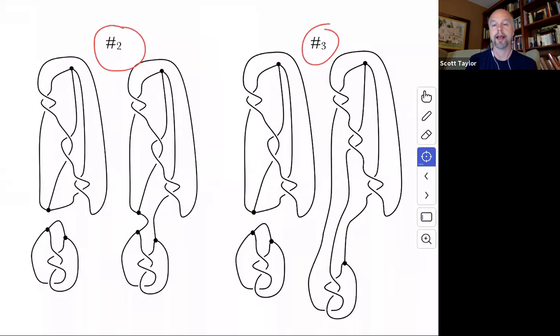There's a choice about how you join things up, but it's a result going back to Wolcott and actually really due to Berman, that if you orient your theta graphs in a particular way, the sum is going to be independent of the choice of orientations. But we don't need to go into that here.